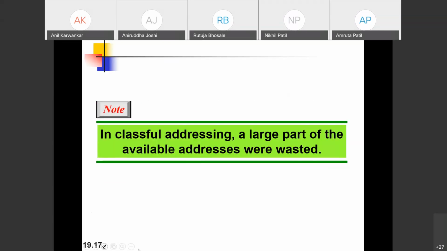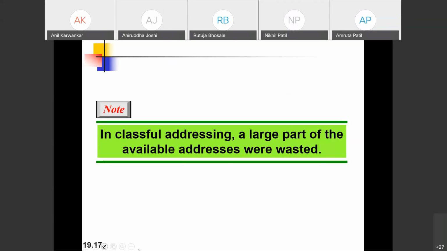In classful addressing, a large part of the available addresses were wasted. That's the drawback. A block in a class A address is too large for any organization. The organization may consist of say 1,000 terminals, 5,000 terminals, say 10,000 terminals. Globally, if you see the manpower associated with Google, it's not more than 1 lakh or say 10 lakh.